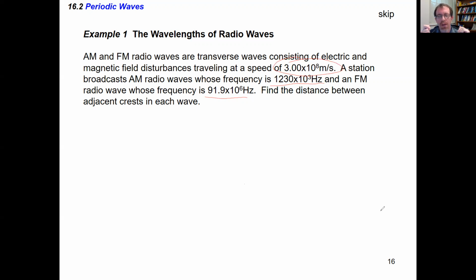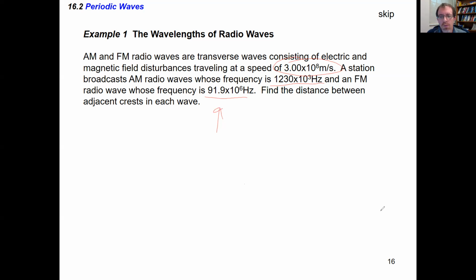The frequency of that carrier wave is 1230 times 10 to the 3rd hertz. So that number matches up with at least the first 4 digits of the frequency of the wave you're tuning into. And we'll leave it at that. Same deal with the FM wave, except now instead of times 10 to the 3rd hertz, we've got times 10 to the 6th hertz.